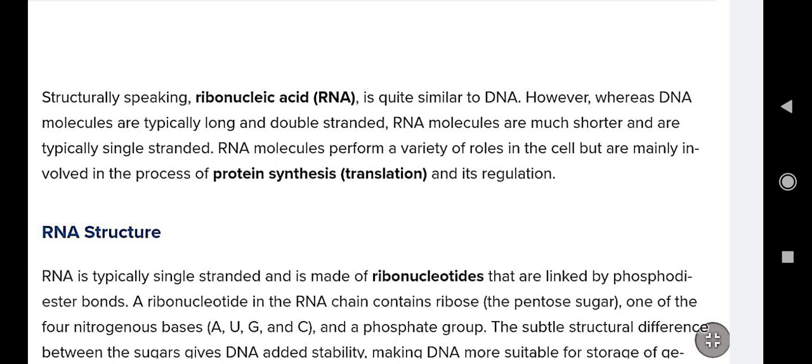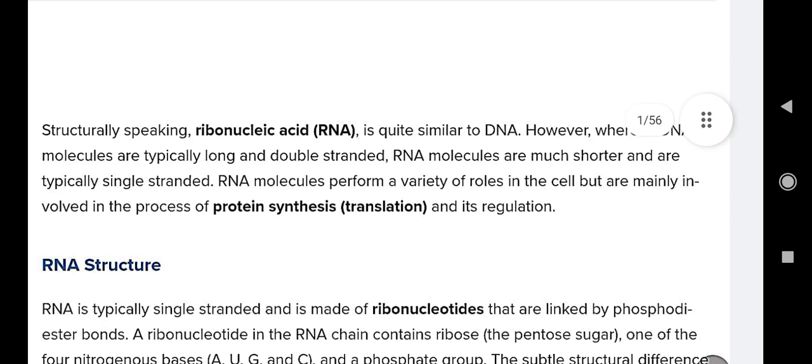Because during the processing of RNA, those sections of RNA which are not required for the translation process are eliminated through a process called RNA splicing.